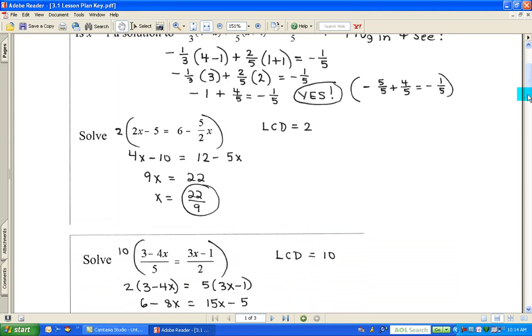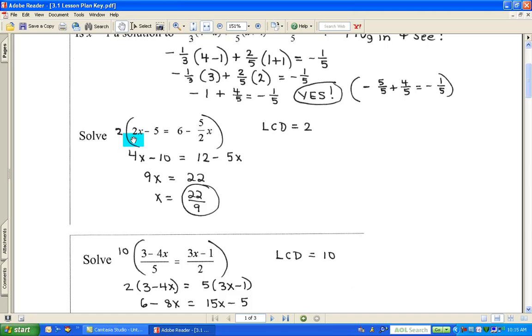Now these next couple questions are a little bit more realistic. Normally someone doesn't say, is this an answer? They ask you to find all answers by giving you the directions solve. So if I give you the equation 2x minus 5 equals 6 minus 5 halves x, what I recommend to my students, anytime an equation involves fractions, I find the least common denominator, which is what I mean by LCD, and that's the number 2, and I multiply through by the LCD.